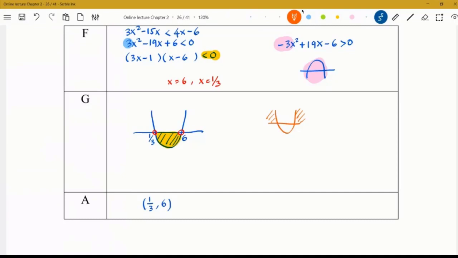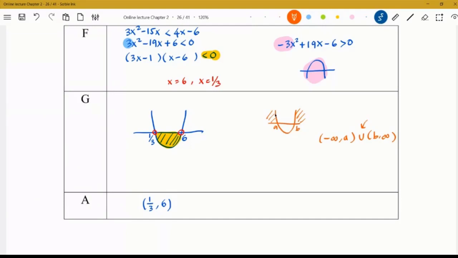Tengah-tengah ni tak ada nilai. So maksudnya dekat sini A, ini B. So negative infinity to A, union B towards positive infinity. Bila dua region yang separate, kita nak combine, kita akan combine menggunakan union. Okay Miss, thank you.